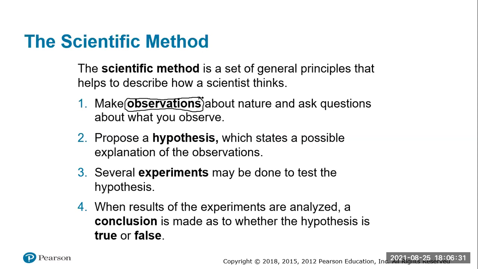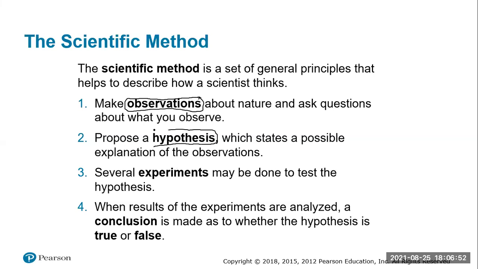And when we make an observation, a lot of times in science and chemistry, what we try to do is come up with a possible explanation as to why we are observing what we are seeing. Usually that is what is referred to as a hypothesis.